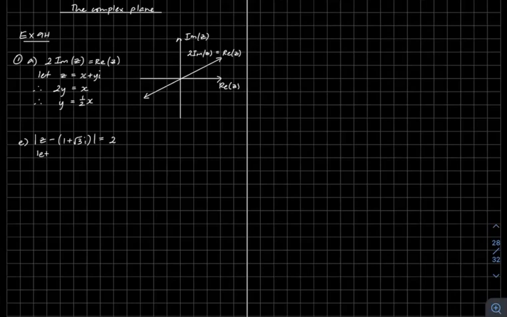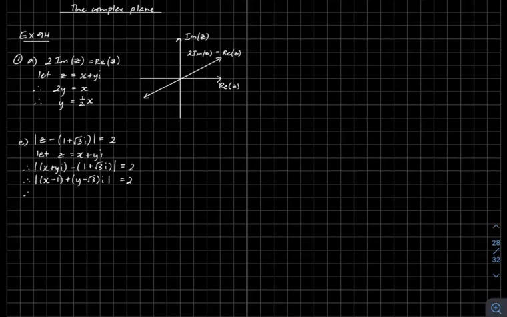Let's let z be equal to x plus yi, because then we might be able to get a Cartesian equation which makes more sense to us. So we have the modulus of x plus yi minus 1 plus root 3i equal to 2. Let's separate this into its real and imaginary parts. Its real part would be x minus 1, and its imaginary part would be y minus root 3.